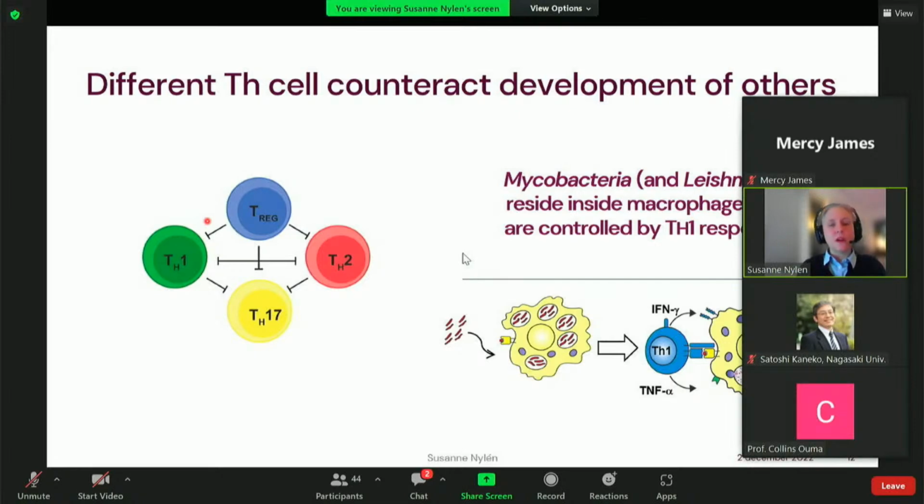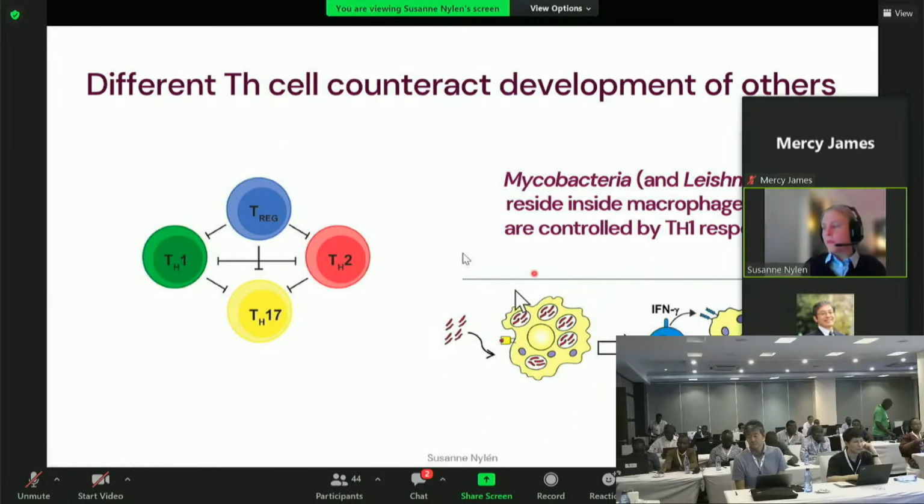And here we have worms driving Th2 cells and regulatory cells, which will have dampening effects on other types of T cells required to control other types of infections. If we look at infections that reside intracellularly inside macrophages, like Mycobacterium tuberculosis, and all the Leishmania species, and also some other species like Salmonella can dwell in macrophages, they are controlled by Th1 responses.